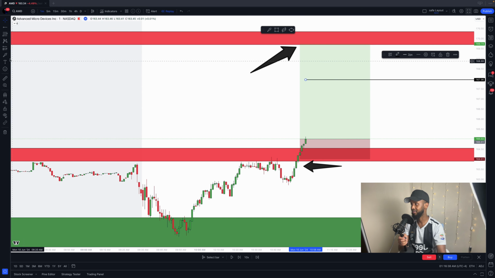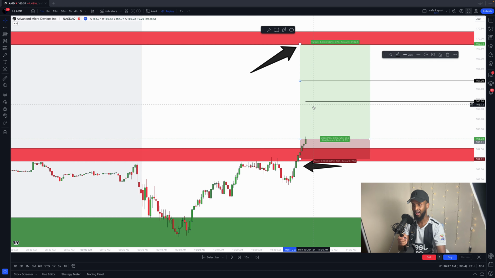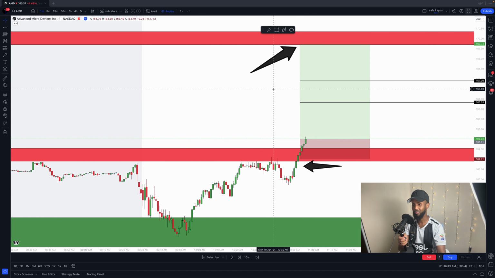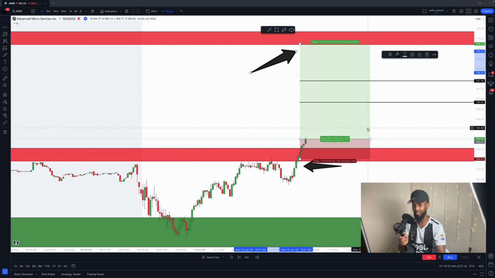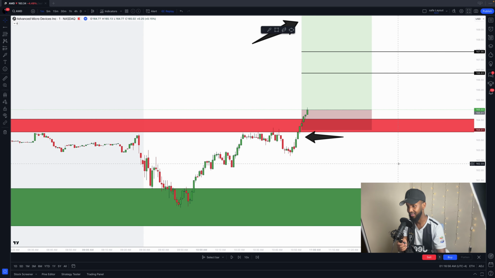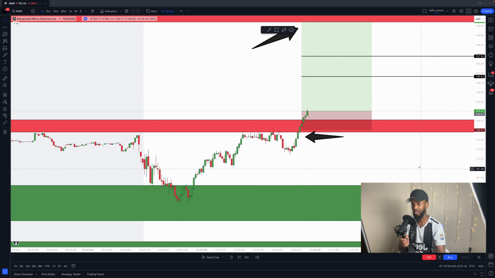And then I might take another partial right here at 167, around there. So this is kind of how I do my trade plan. I know I'm targeting the next key zone all the way up here, and I might take some partials on the way up. But more importantly than that is where our stop loss is.